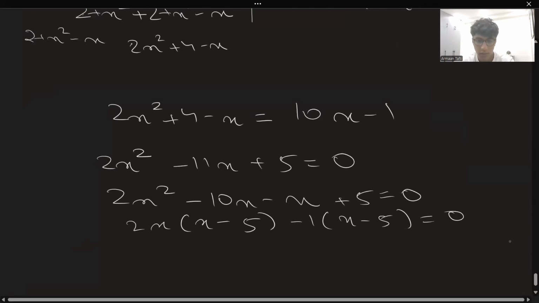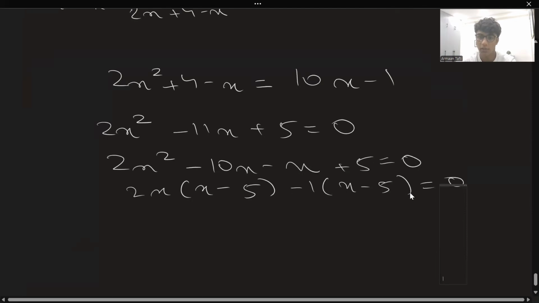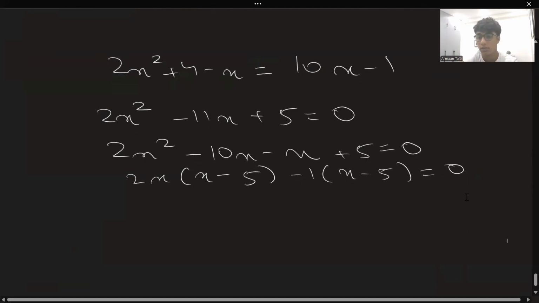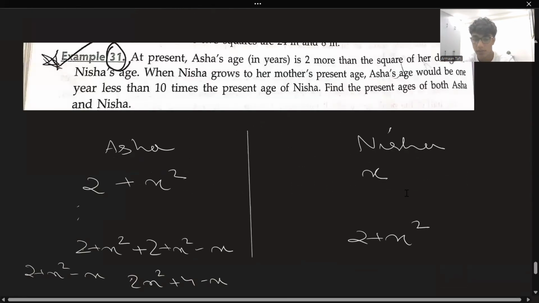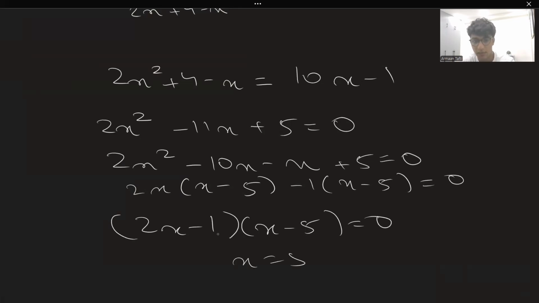So we have 2x minus 1 times x minus 5 is equal to 0. That means x is either equal to 5 or it's 1 by 2.